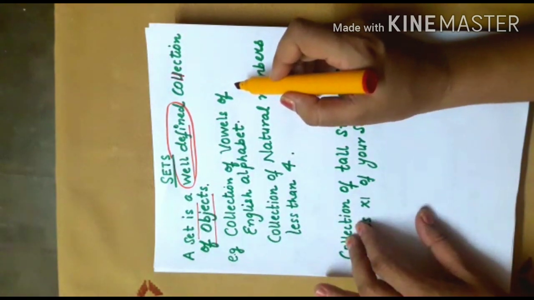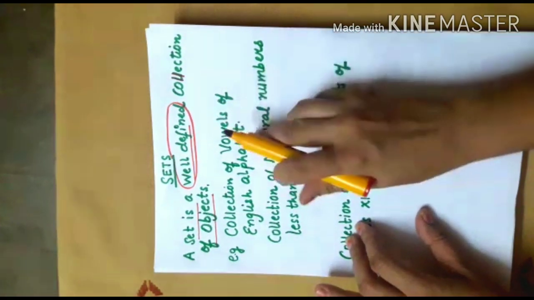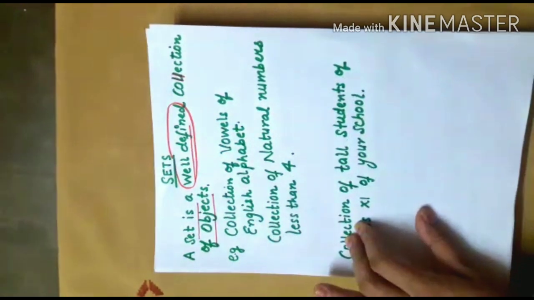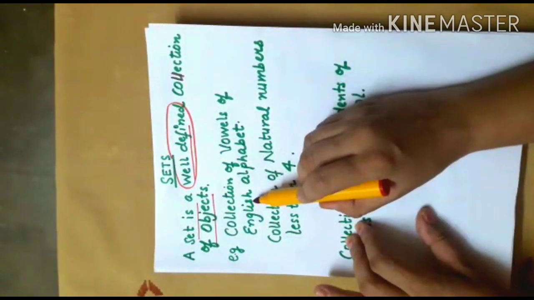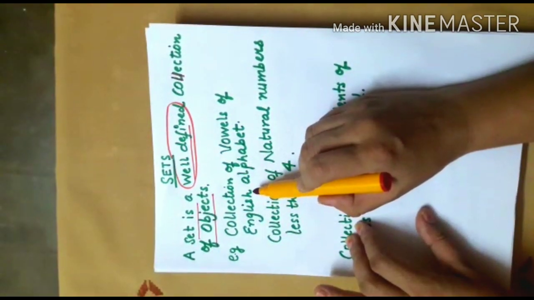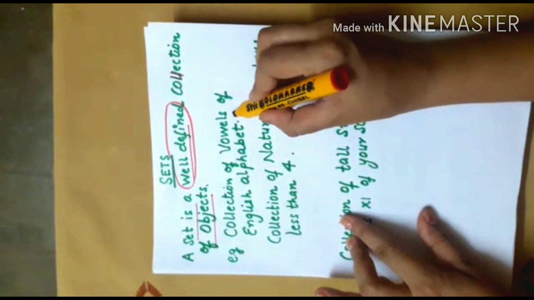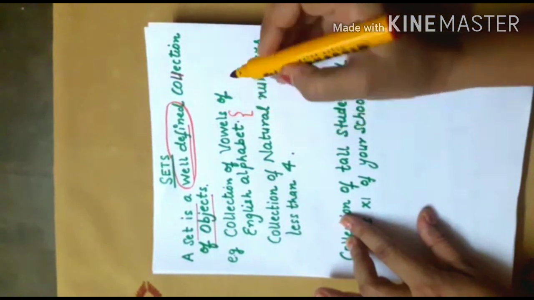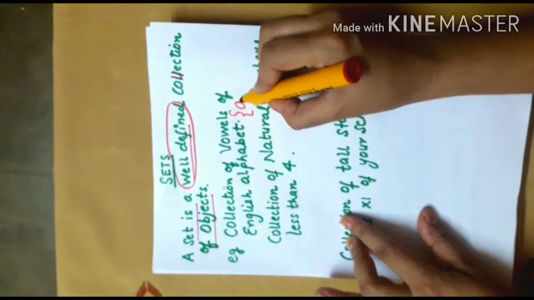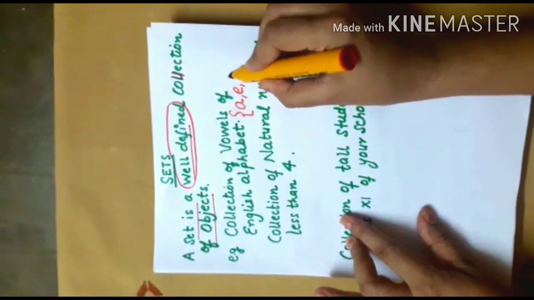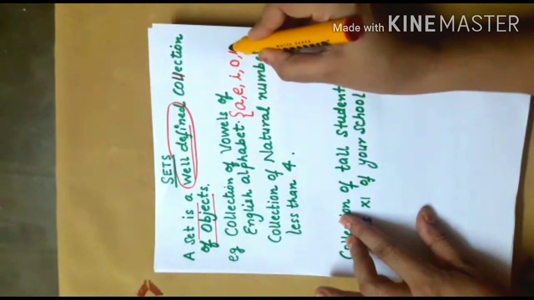Now as E is a vowel, so E will belong to this collection. So collection of vowels of English alphabet is a well-defined collection, so it is a set. And elements which will belong to this collection will be A, E, I, O, U.